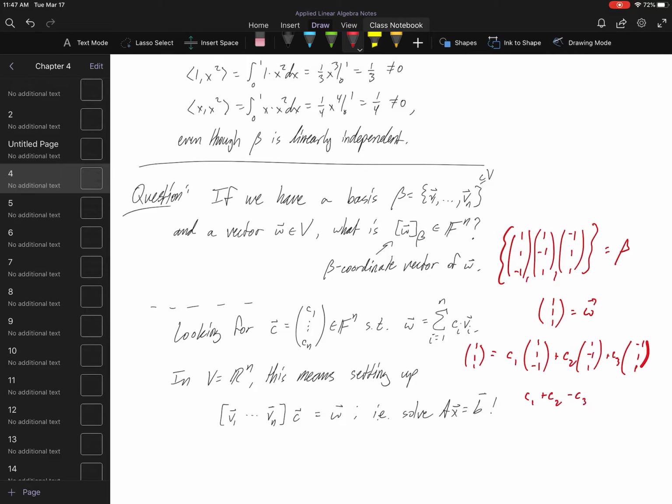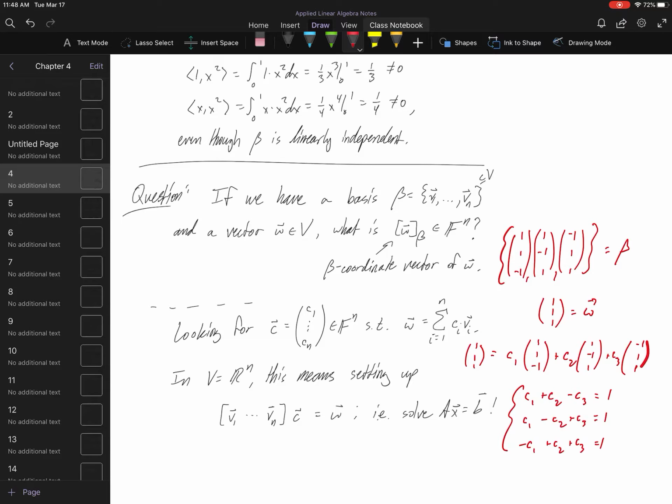And you can see very quickly, we get C1 plus C2 minus C3 has to be 1. And then C1 minus C2 plus C3, and minus C1 plus C2 plus C3. And we see very quickly here that this boils down merely to a question of how do I solve a system of equations quickly?